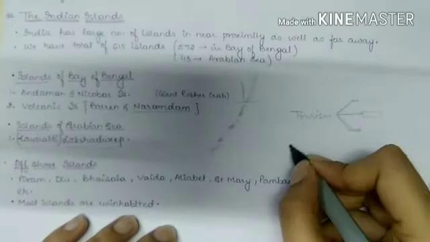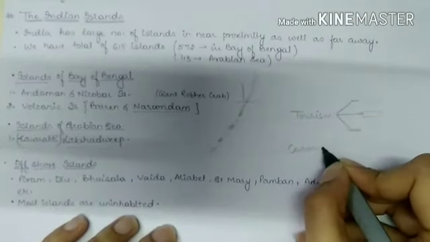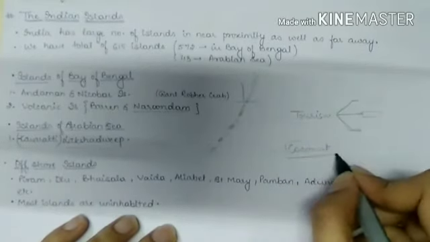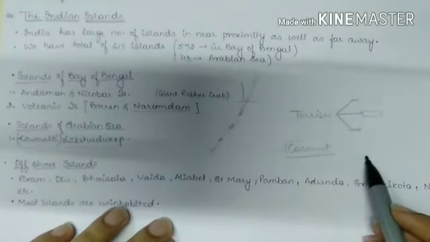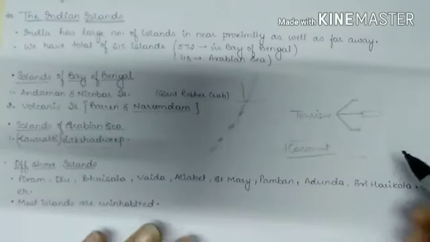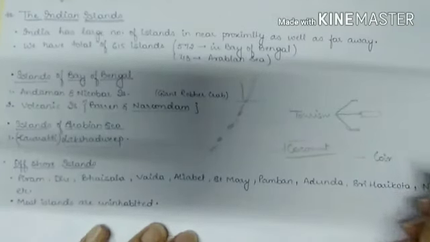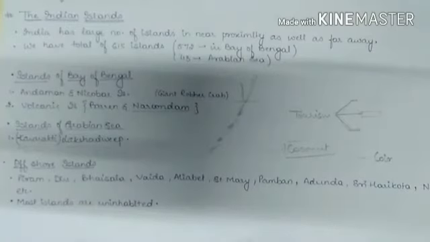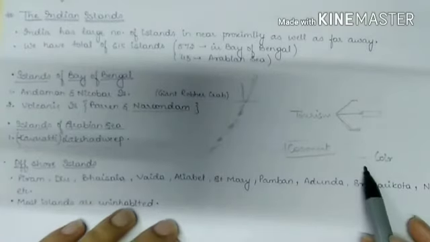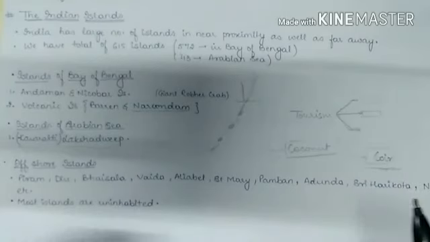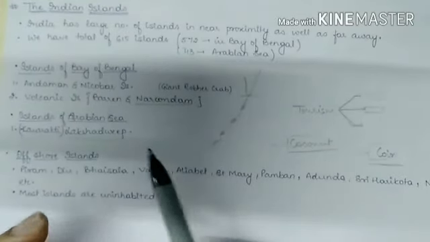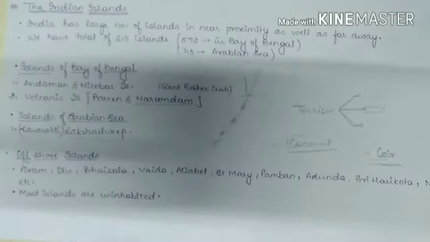Coconut is used as an edible, but its unused part, which we call coir, is used as biofuel nowadays. So coconut provides us with coir, which is used as biofuel. So it is eco-friendly. So these were the significance of Indian islands.